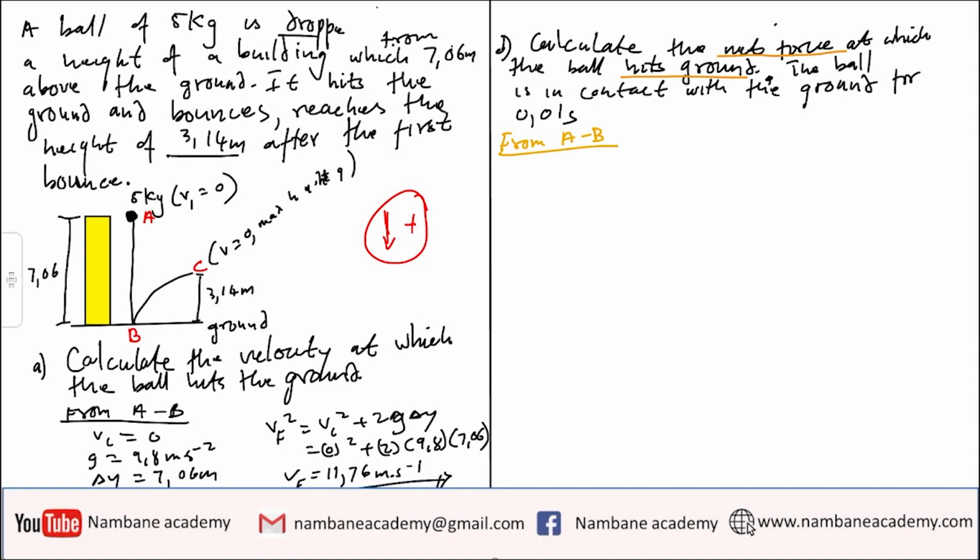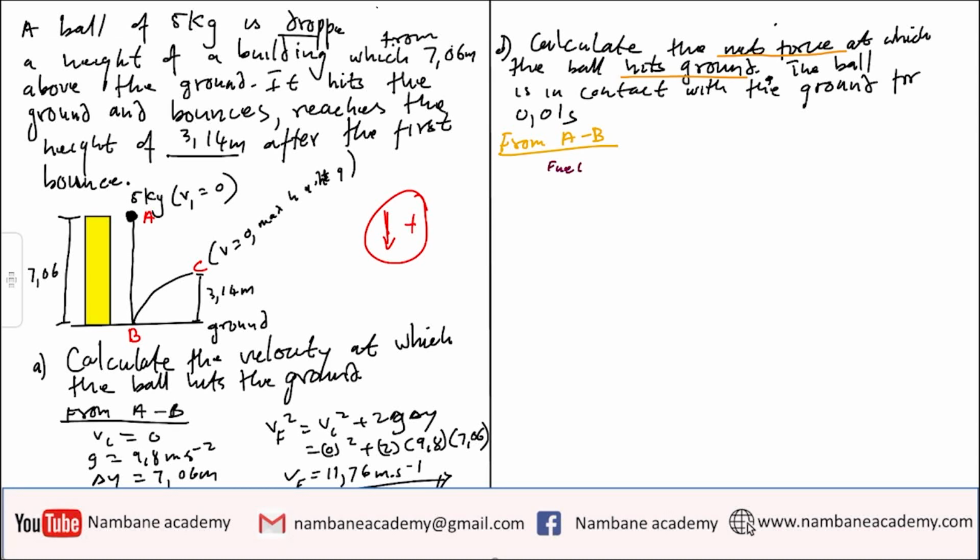Because I know what is going to assist me to actually get to the correct answer. So I'm going to write my data. Fnet is the question. Time is given, 0.01, sorry. What else is given? I have mass.